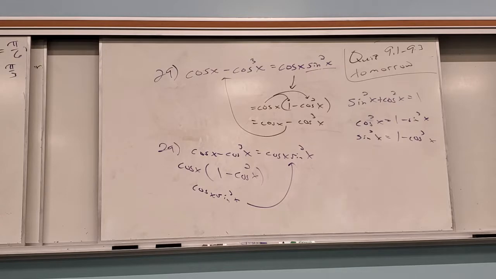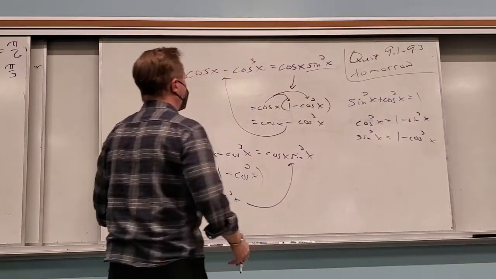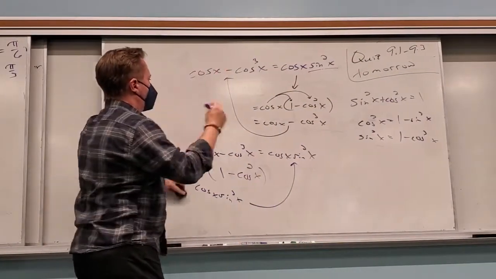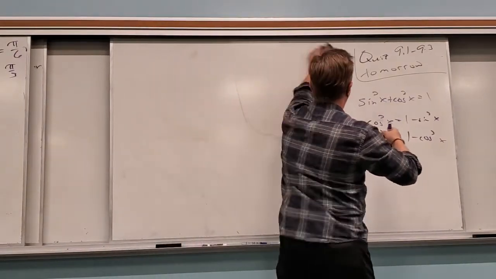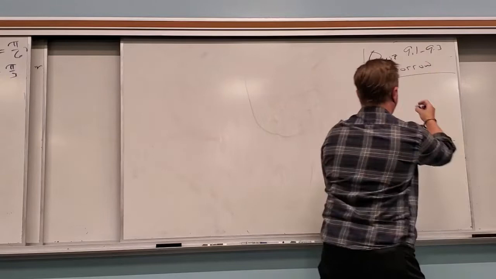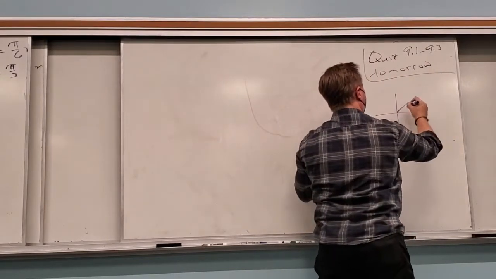The very first thing I've got to do is remember what this is. Cosine of negative x equals? Cosine x. And again, here's the picture I have in my mind to help me remember that. Here's an angle x.